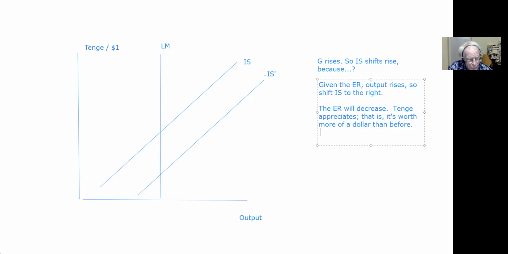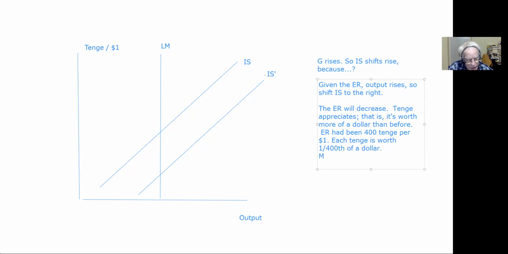So, for example, the exchange rate had been, let's say, 400 tenge per dollar. So each tenge is worth 1/400th of a dollar.